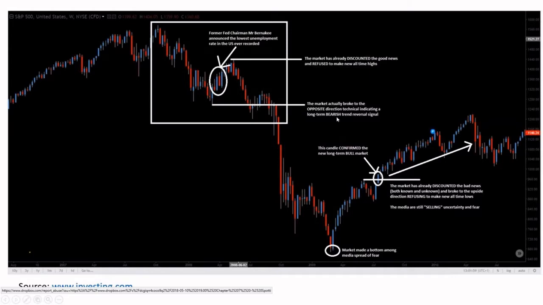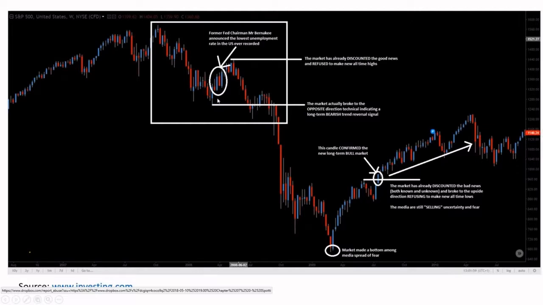So as you can see here, a good announcement was made. The market didn't make new highs, but instead broke in the opposite direction. So for us technical analysts, this candle here, which broke the bottom created previously to the announcement, signaled the end of the long-term bull market and the beginning of a long-term bear market.